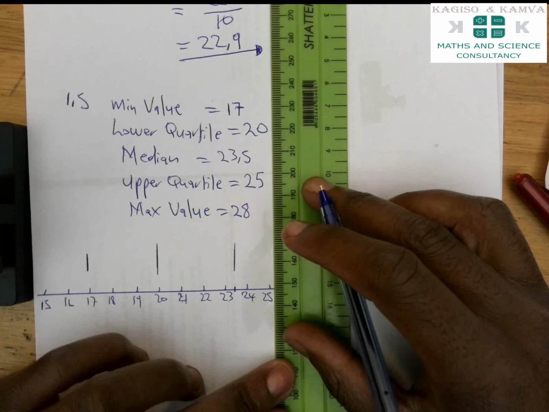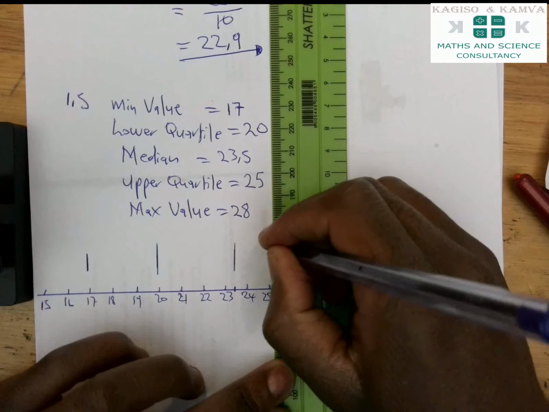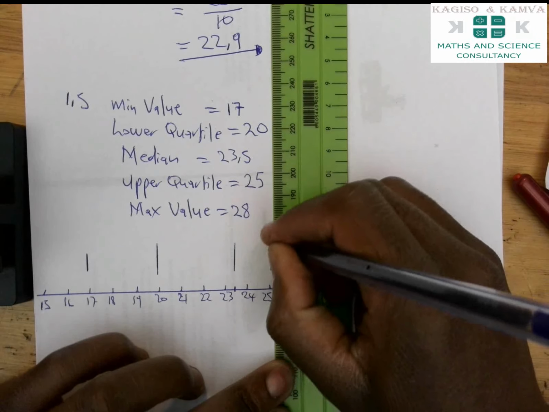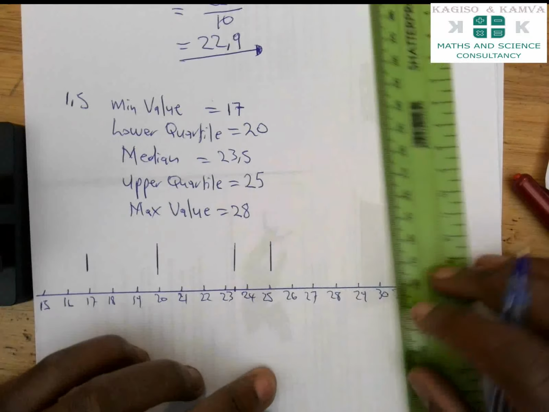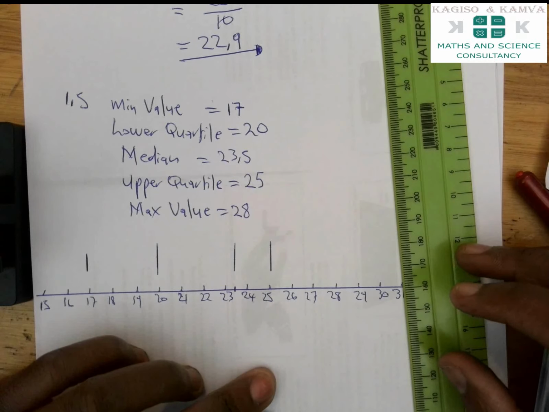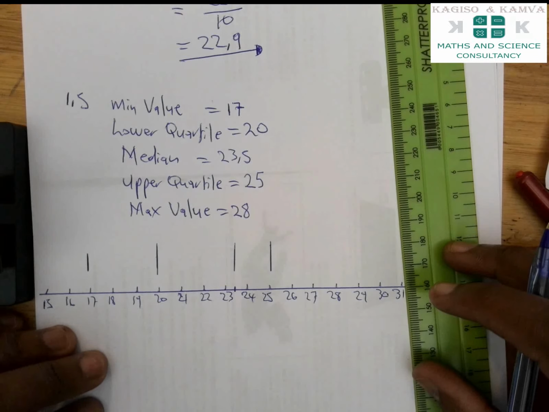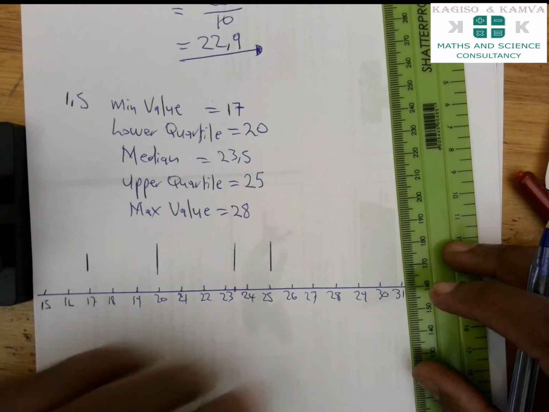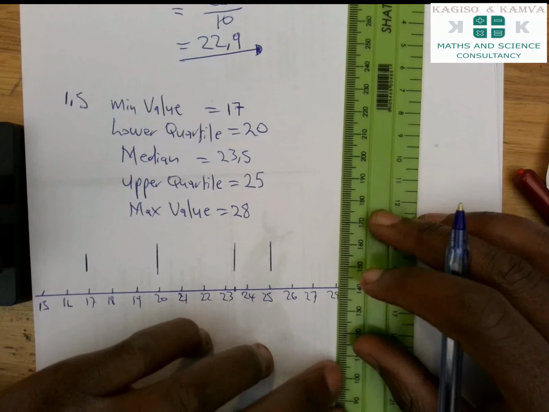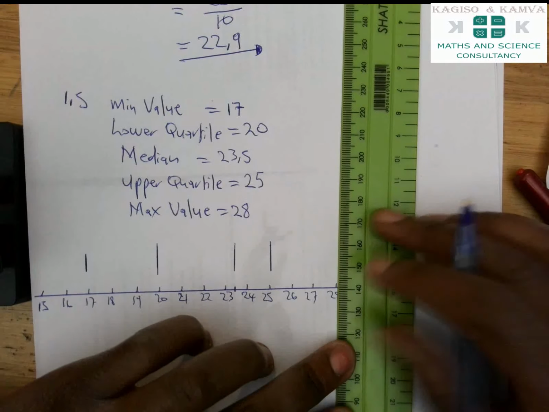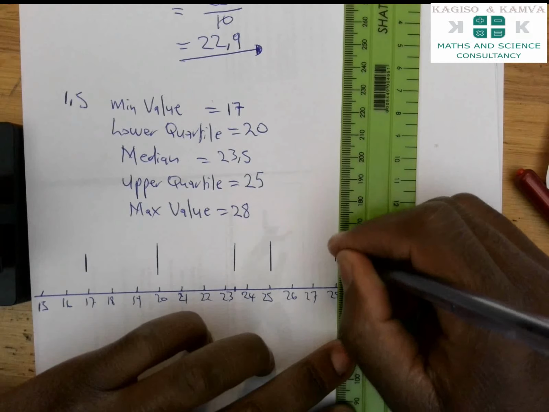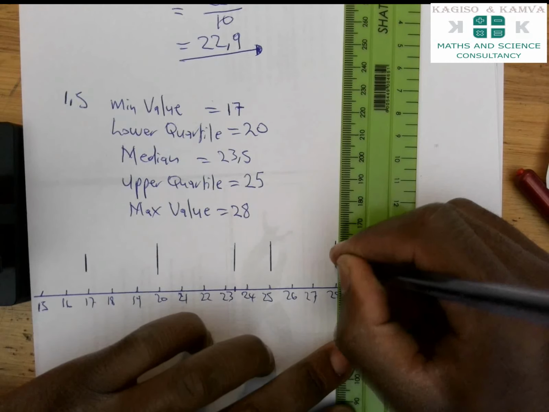And then we're going to have 25 like that. And then we are going to have 28 there. We have 28 as our maximum value.